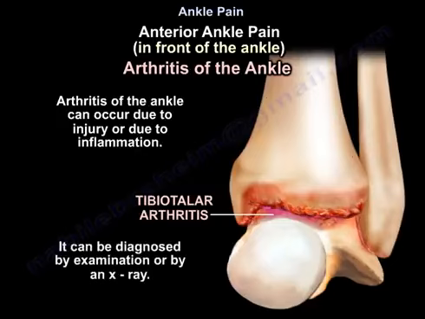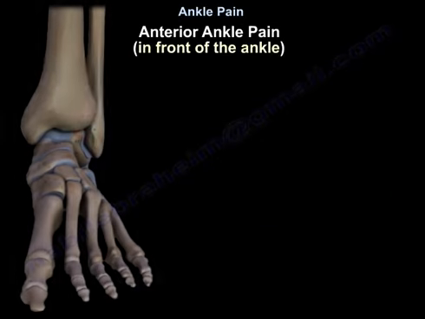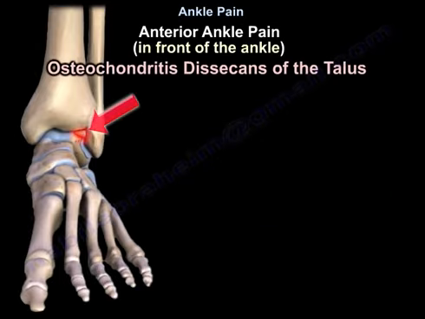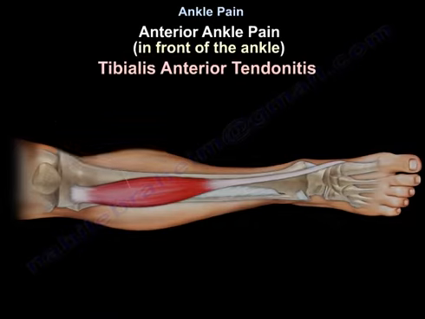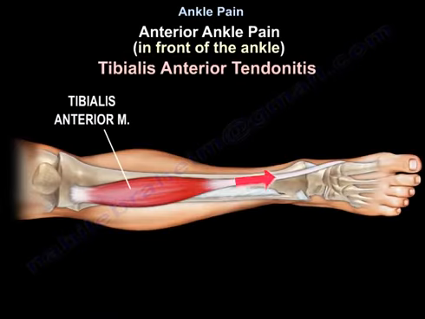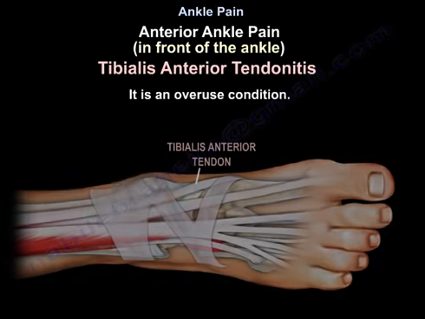You can diagnose it by examination or by an X-ray. Osteochondritis dissecans of the talus is a little chip fracture inside the ankle that causes pain, swelling, and stiffness. Tibialis anterior tendonitis is an overuse condition.